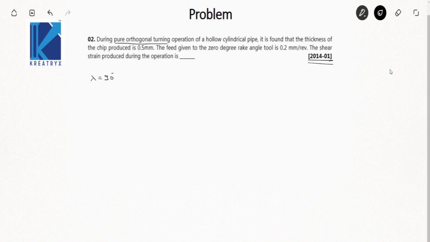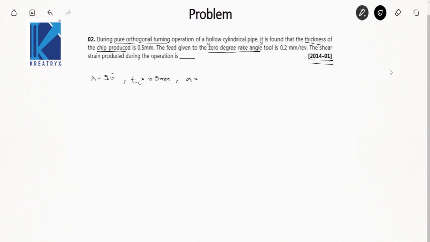Now what they are saying, it is found the thickness of chip produced. See they have mentioned the thickness of the chip produced, which is TC, chip thickness is 0.5 mm. The feed given to the 0 degree rake angle, see they have mentioned very important data, that the rake angle is 0 degree.